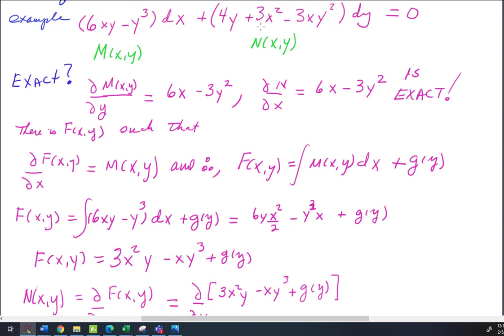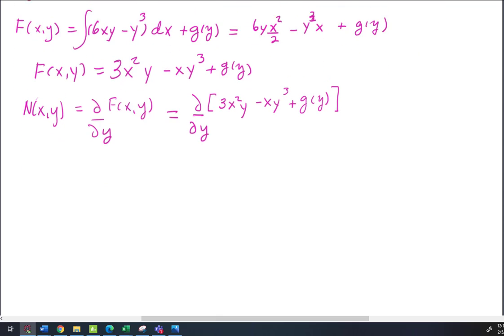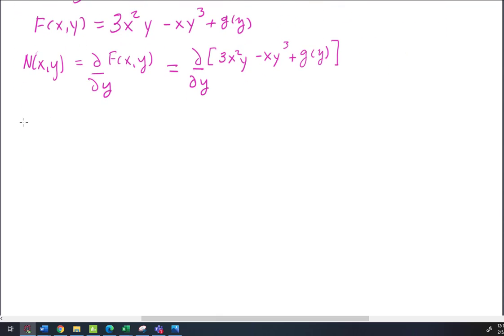N is 4y plus 3x squared minus 3xy squared. That's N, and that's equal to this partial derivative.